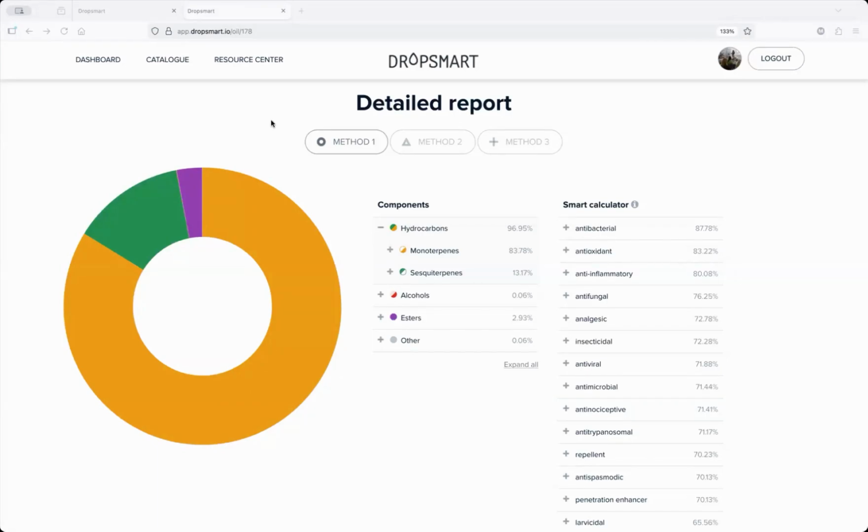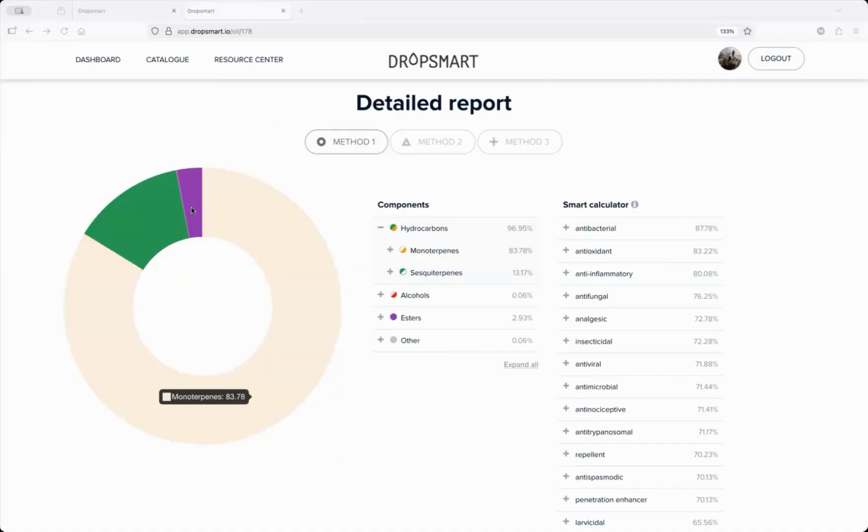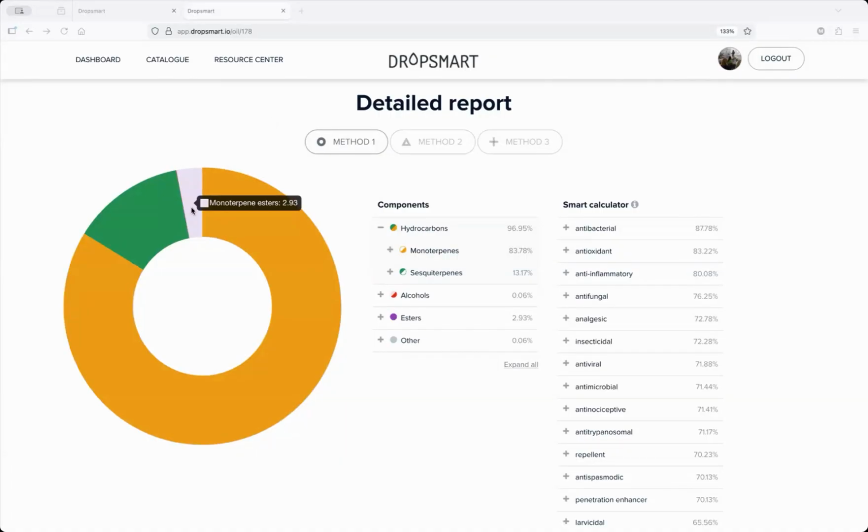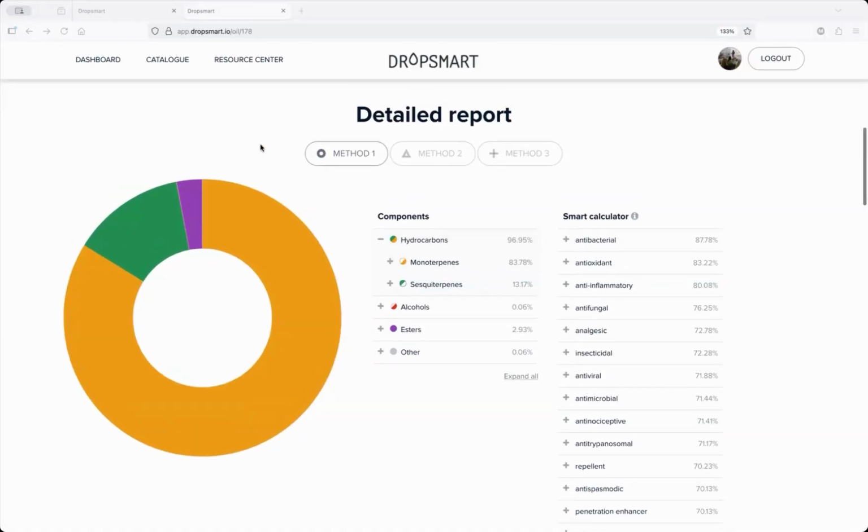What you really want to add to this oil is a lot of middle note, because monoterpene esters are a middle towards a low note, but not enough. We have like 3% here, which is very little. You want to have at least 20-30% of some middle note for the smell to be nice and rounded.